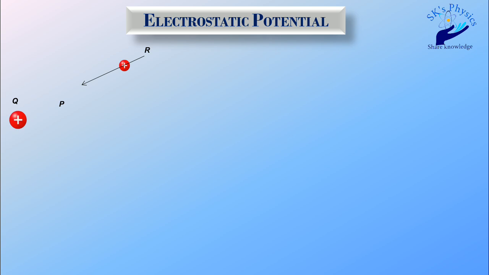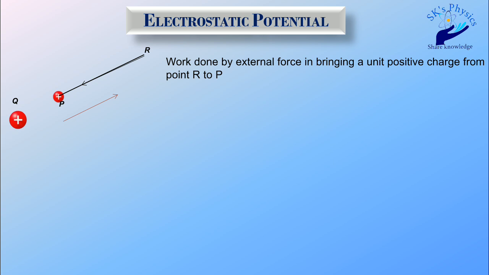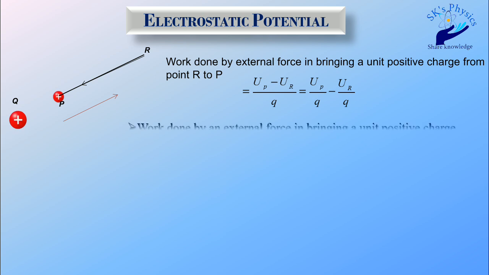Here we want to bring a test charge from R to P. There is repulsion in this direction, so we apply an external force in the opposite direction. Now the work done by the external force in bringing a unit positive charge from R to P is equal to UP minus UR by Q, that is UP by Q minus UR by Q, where U is the potential energy and Q is charge.